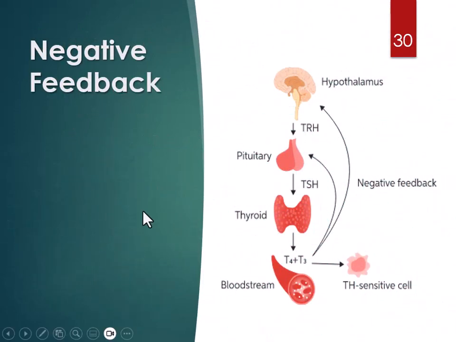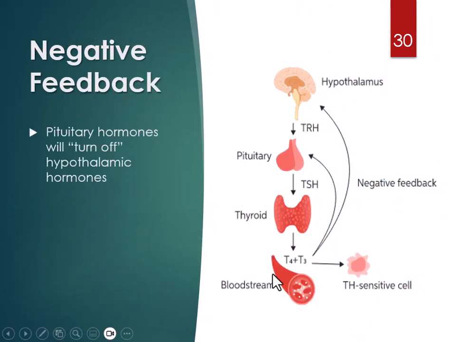So in negative feedback, a good example is thyroid hormone. Thyroid hormone is released from the thyroid gland when the pituitary releases thyroid stimulating hormone. That's released from the pituitary gland when the hypothalamus releases thyrotropin releasing hormone. And while I only told you about thyroid hormone, there are two other hormones used in this control system.